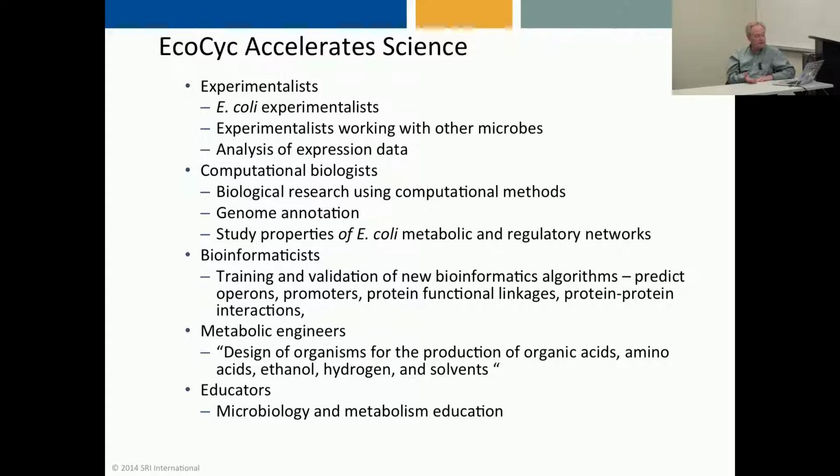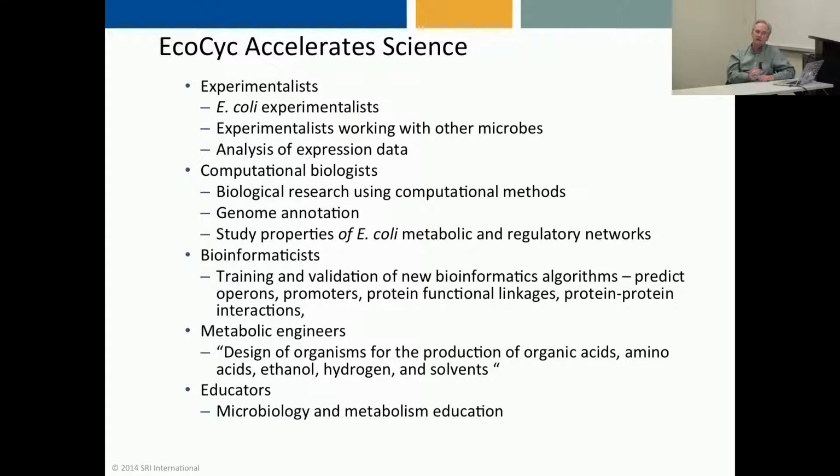So how do scientists use a database like EcoCyc? Well, it's used as an encyclopedia that experimentalists, when they're working on some gene of interest, they'll go to the database to find out what's known about that gene. Another common use is computational biologists or bioinformaticists, when they want to create some new computational predictive tool, like to predict operons in bacteria or promoters in bacteria, they'll need a training set of data.